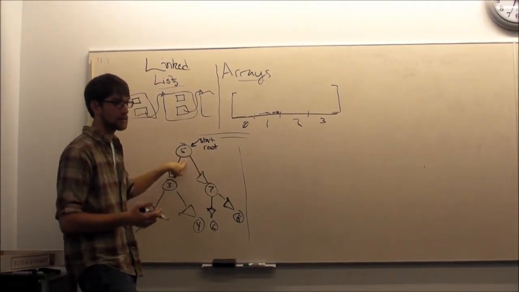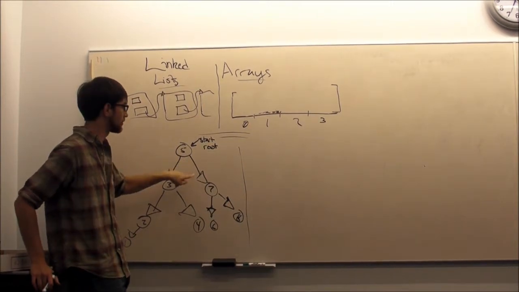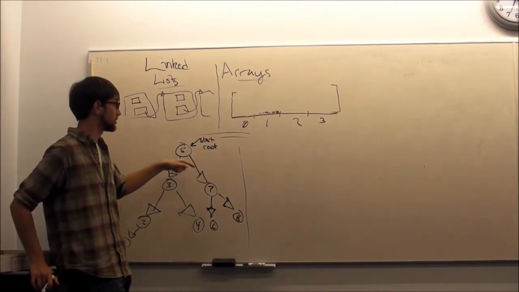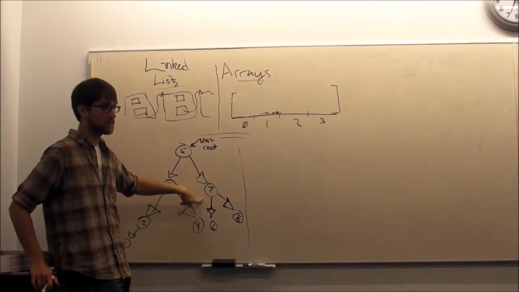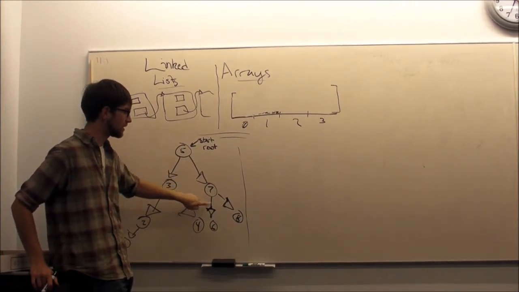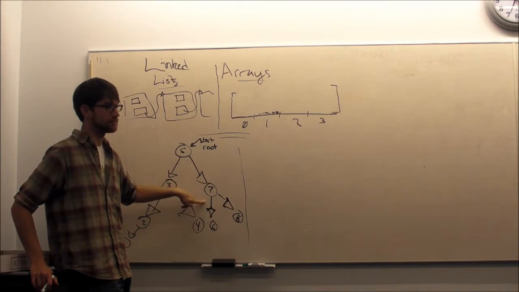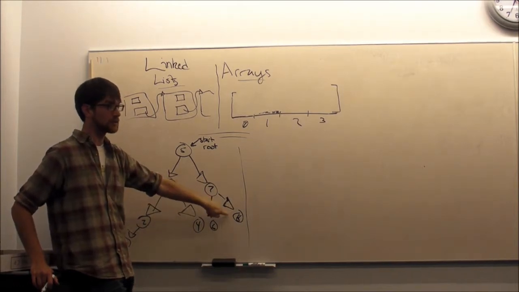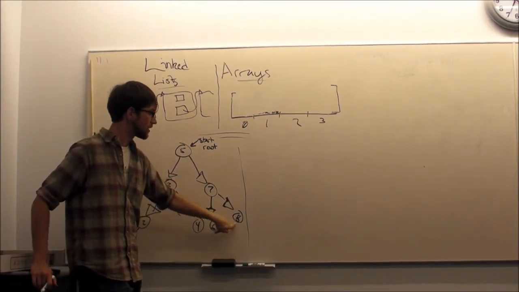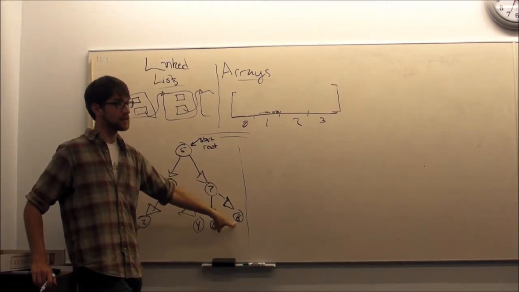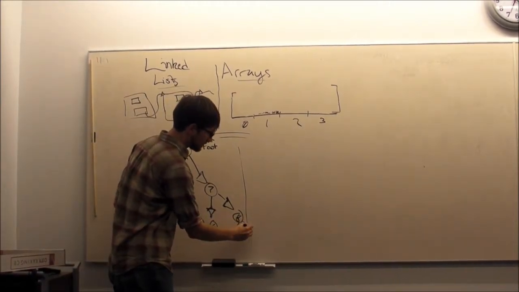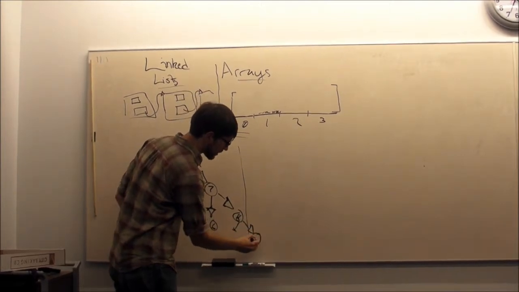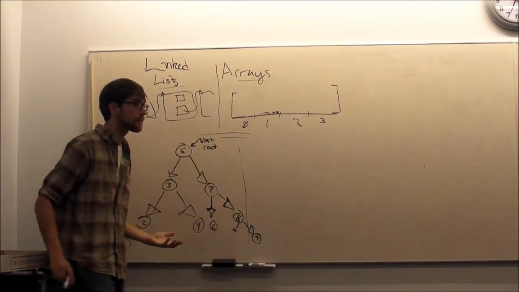And so we say, can we add the value here? No, because there's no open children, especially not one to the right. And so we have to go over to 7. And then we can say, well, can we add any children here? No, specifically not one that's greater than 7. So we come down to 8, and can we add any children here? Yes, we can add children. Do we add it to the left? No. Do we add it to the right? Yes. So we create a new node at 9.